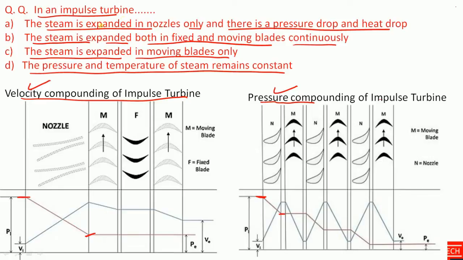So thereby we can answer that the steam is expanded in the nozzle only. So from the nozzle, steam is expanded and there is pressure drop and heat drop. So therefore option A is the correct option.